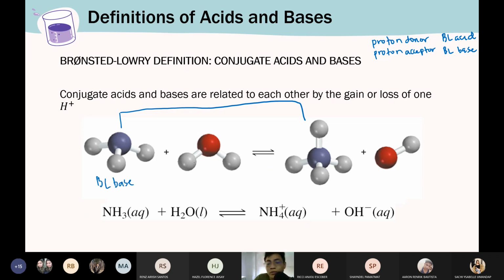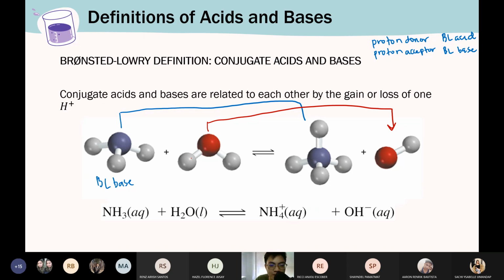Okay. So, meanwhile, yung water, what is water? Is it an acid or a base? How about water? Yung isa, base. So, meaning yung isa ay base din ba? Ano kaya si water?